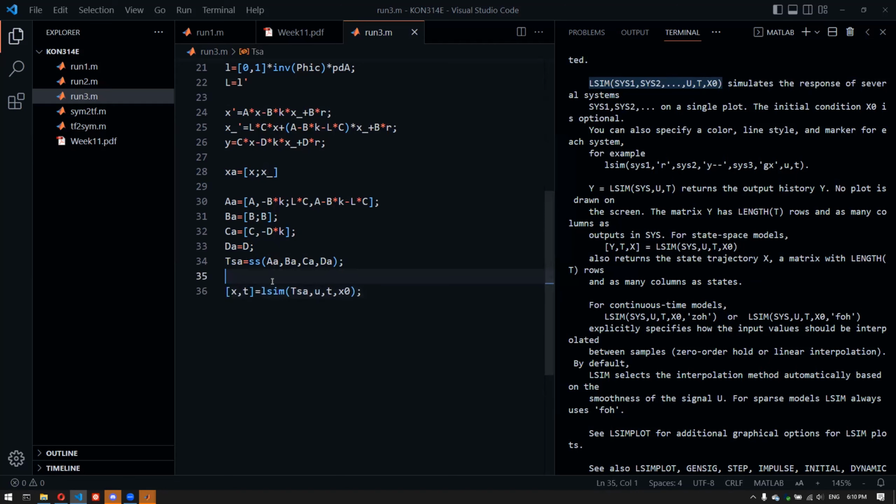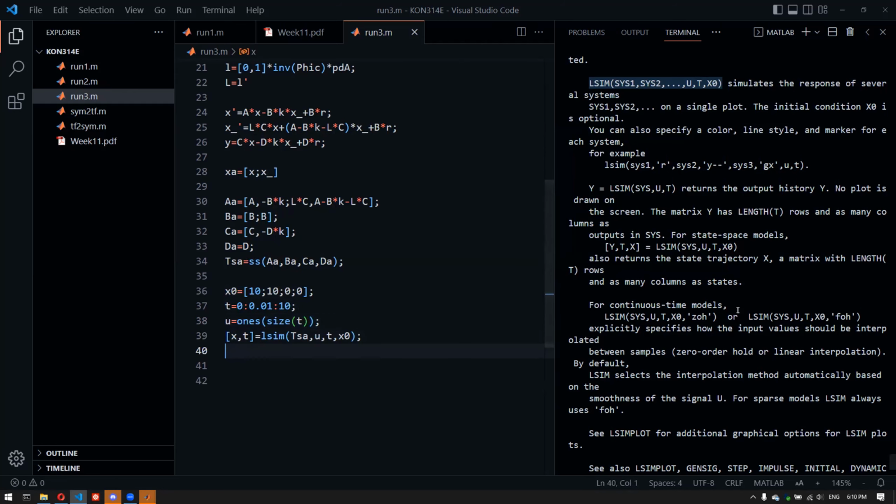Initial conditions are going to be important for this case because that will cause the difference here. So let's say the system states are at 10, 10, and the observer states are at 0, 0. Let's have the time vector 0.1 to 10 seconds. Let's have u equals ones of size t. That should be it.